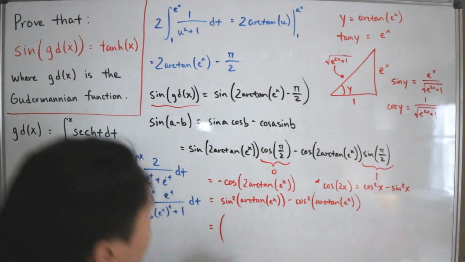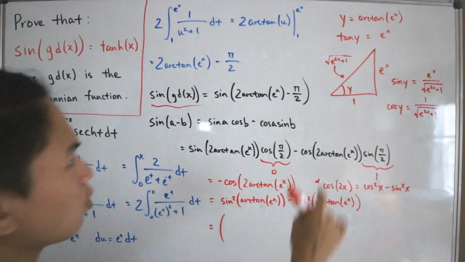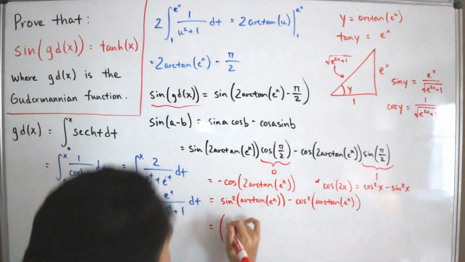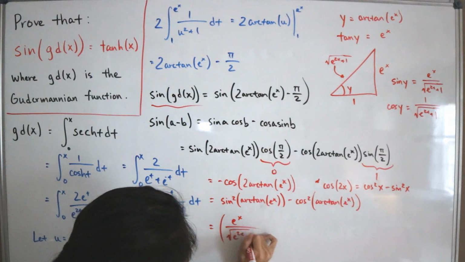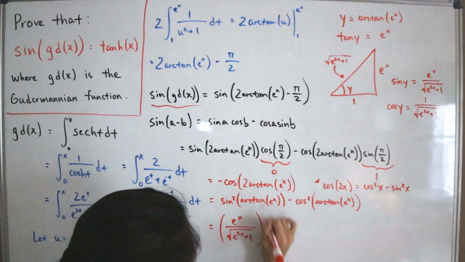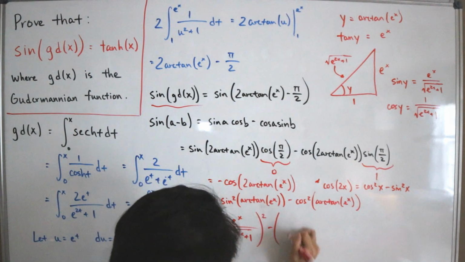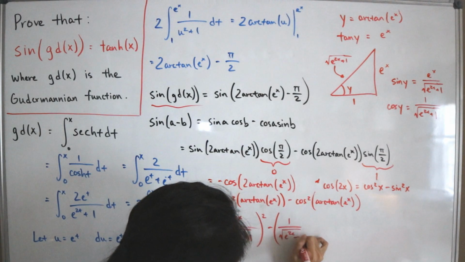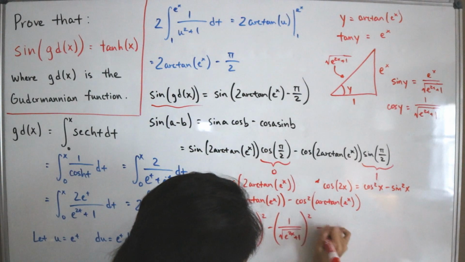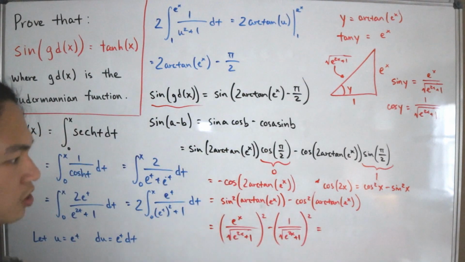So putting this back into parentheses, replace sine squared of y, so sine of y for here. It's going to be e to the x divided by the square root of e to the 2x plus 1, that whole quantity squared, then subtract 1 divided by the square root of e to the 2x plus 1, quantity squared, as we see that the square roots are going to cancel.